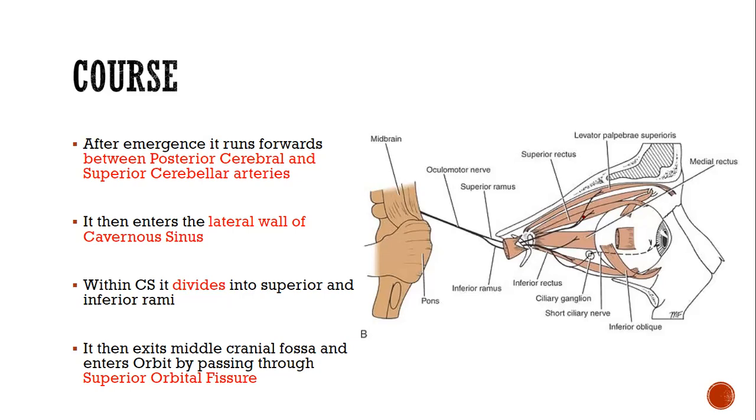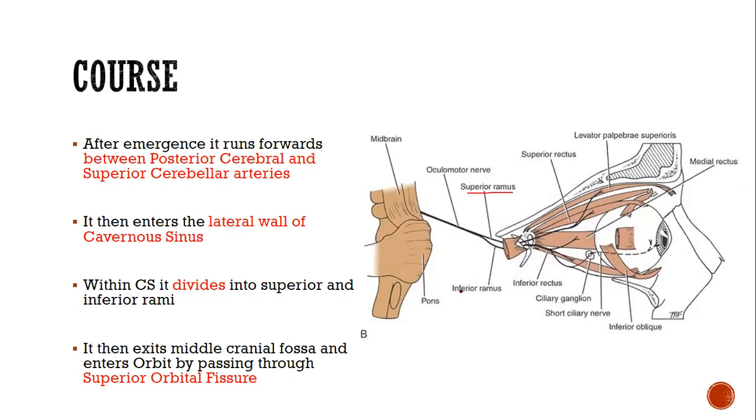Then, at the point where it exits the cranial cavity to enter the orbital cavity, it passes through the superior orbital fissure, and the moment it enters the cavernous sinus, it divides into its superior and inferior rami.